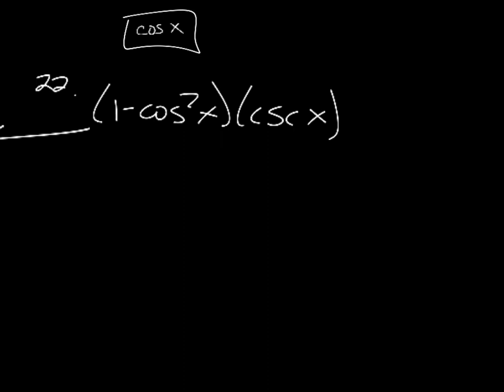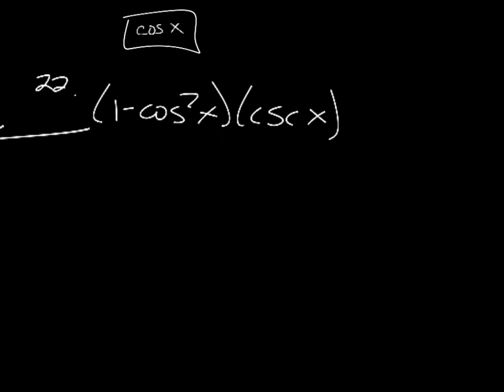So for instance, 1 plus tangent squared equals secant squared also means that tangent squared equals secant squared minus 1. Or 1 equals secant squared minus tangent squared. And so that's where we want to be. Or that's how we want to think, anyway.